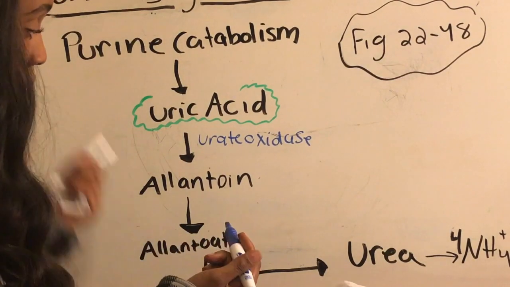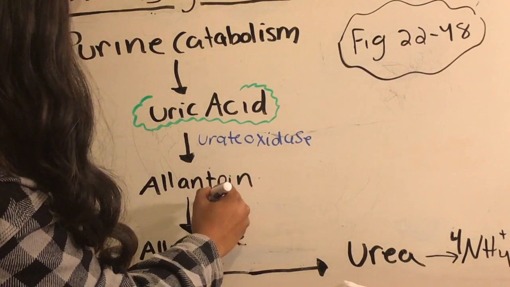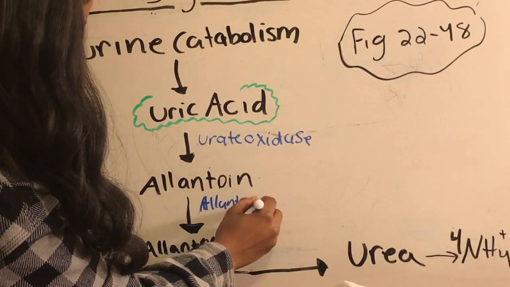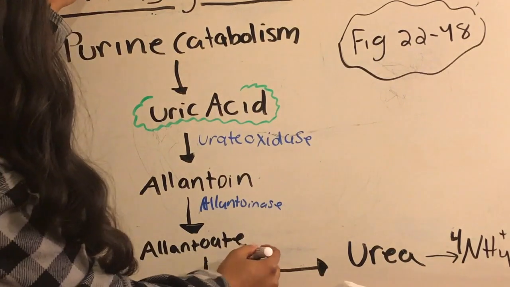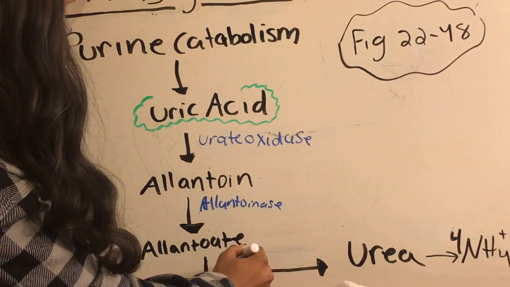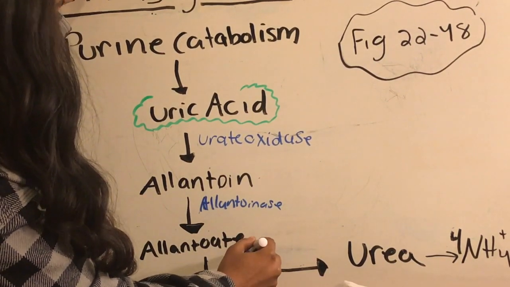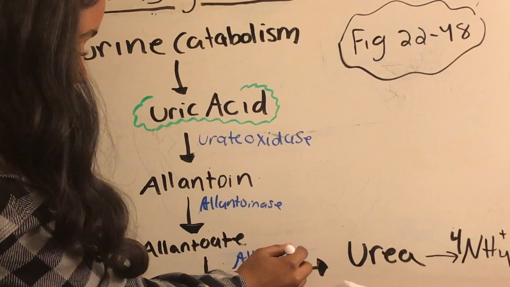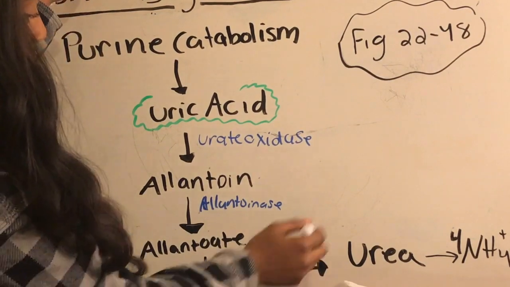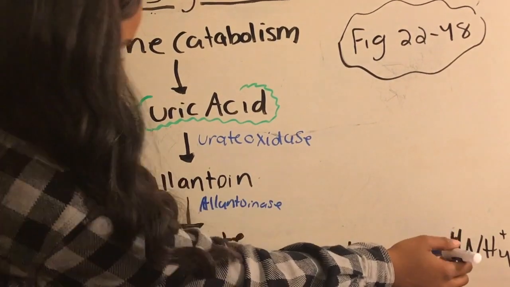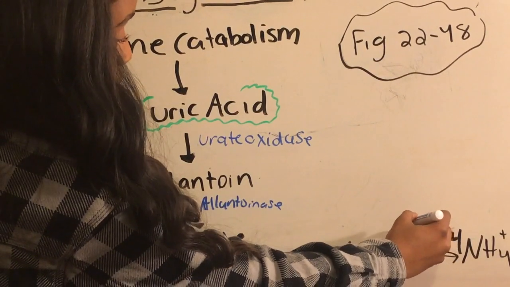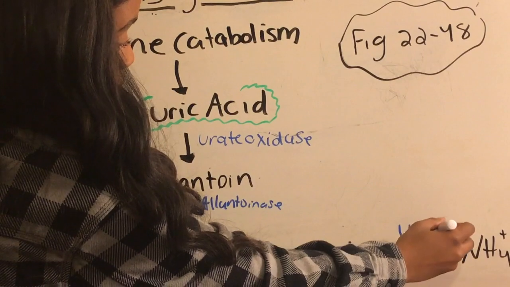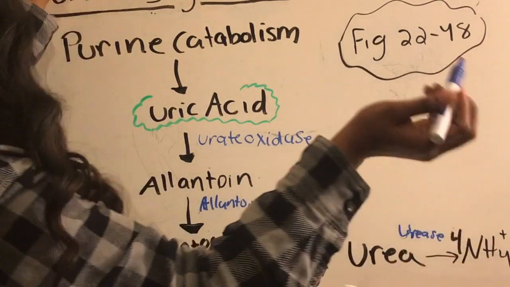The enzymes involved are allantoinase, to produce allantoate, and then allantoate is broken down by allantoicase, which produces urea, and urea is broken down using the enzyme urease to produce ammonium.